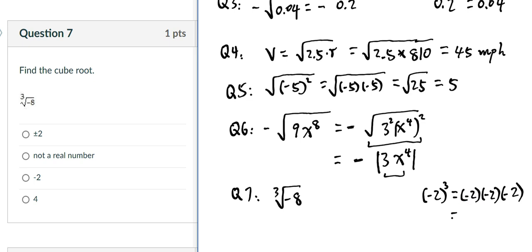So you get negative, negative is positive, and then times another negative, we get negative. And then 2 times 2 is 4, times another 2 is 8. So in this case, you have negative 2. So the answer would be the third one.